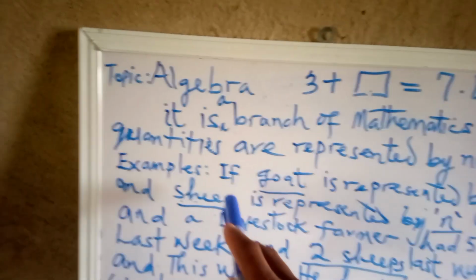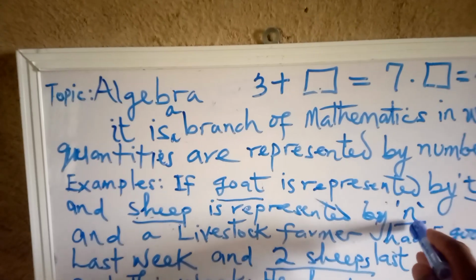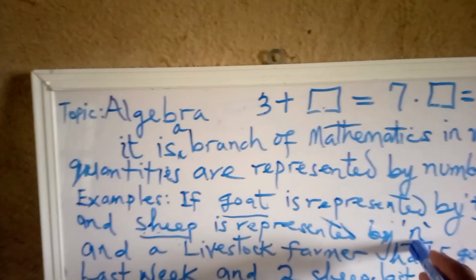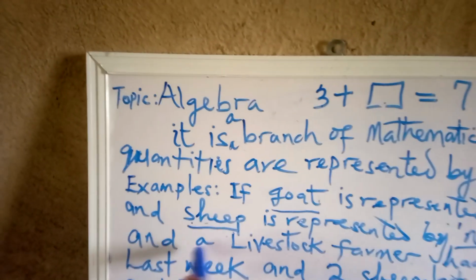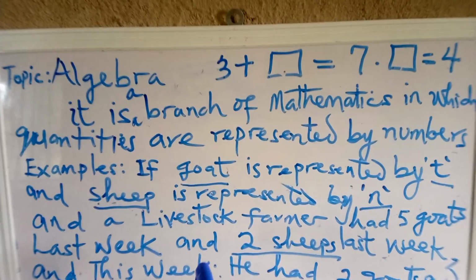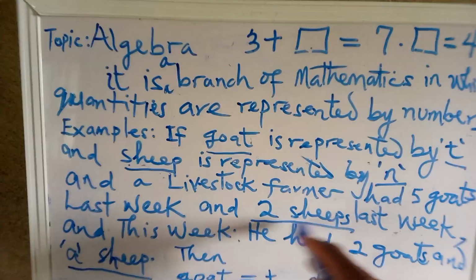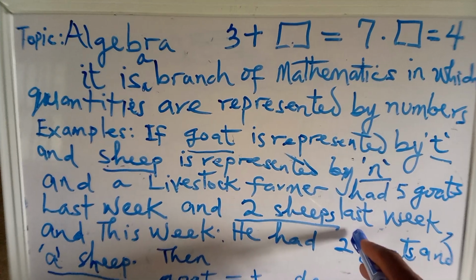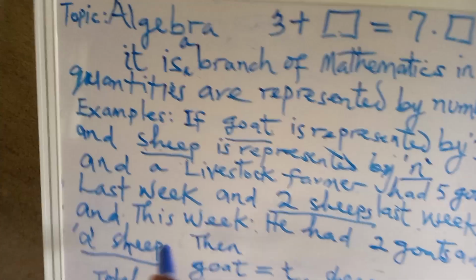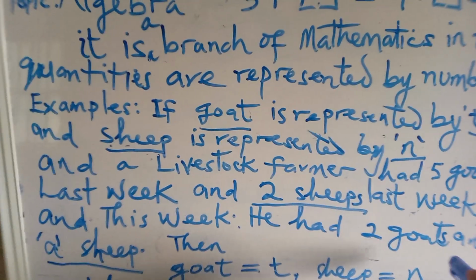Now an example is before us. If goat is represented by letter T and sheep is represented by letter N respectively, and a livestock farmer had 5 goats last week and 2 sheep last week as well, and this week he had 2 goats and a sheep.